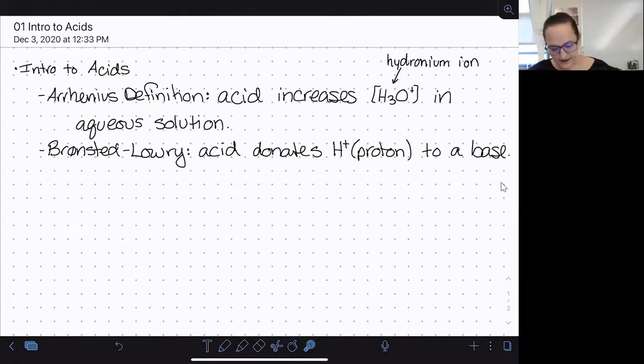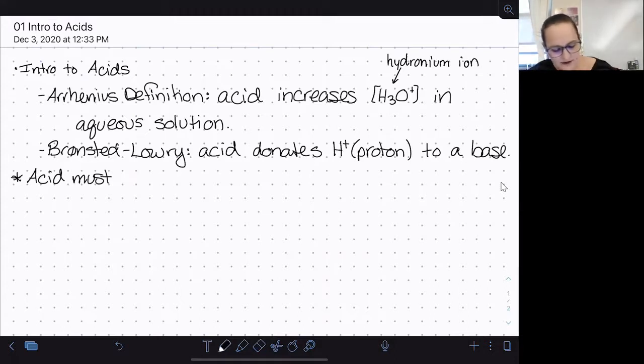So we can see that the definition we're using for acid depends on the presence of hydrogen: an acid is something that donates H+, or a proton, to a base, which means it must contain hydrogen. But just any old hydrogen atom is not enough.